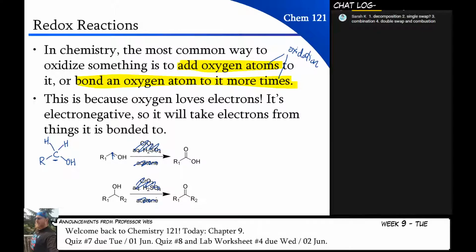But when I do the reaction here, the result is that I have an oxygen that is bonded to my carbon one time. Later, after the reaction occurs, I now have this carbon. I still have my oxygen bonded to it one time, but I have now added an additional oxygen.